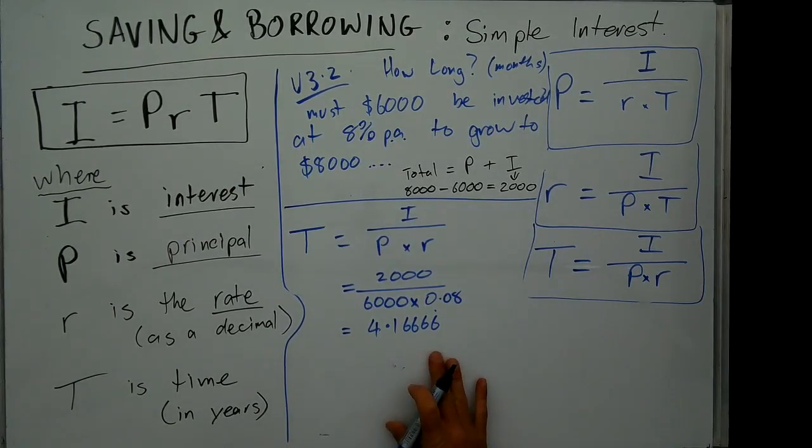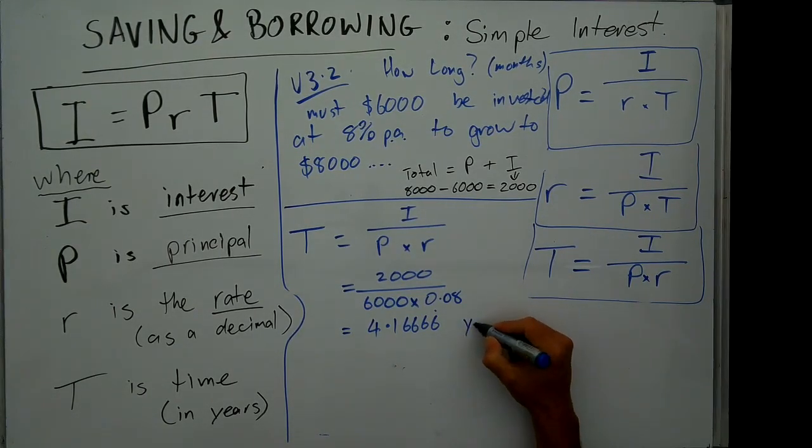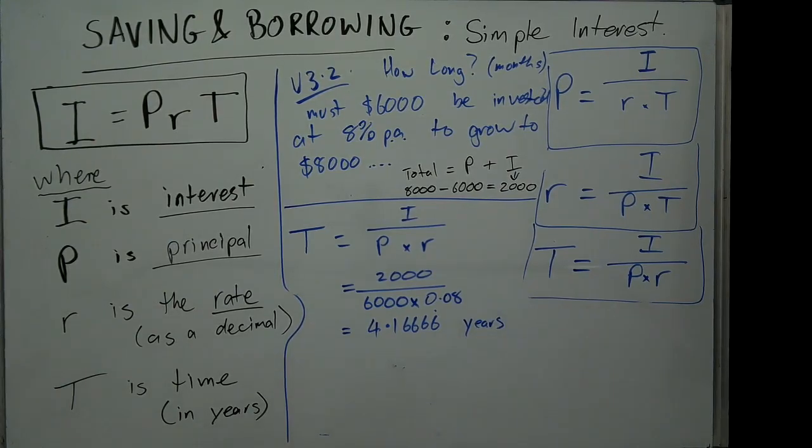But that's not our final answer. That is in years. So to turn this to months, there are 12 months in a year, so we're just going to multiply by 12. Oh, it comes out to exactly 50 months.